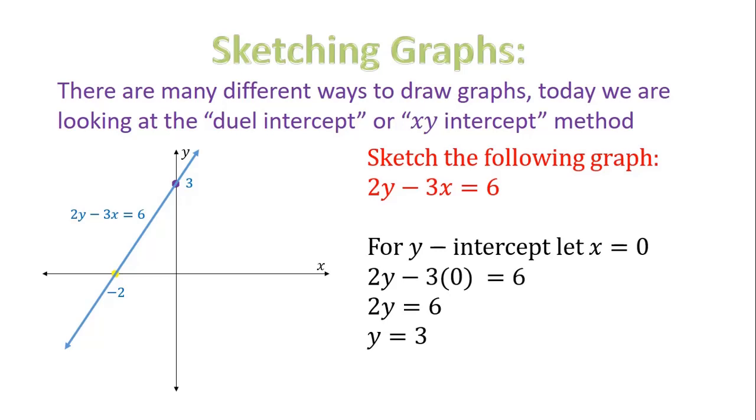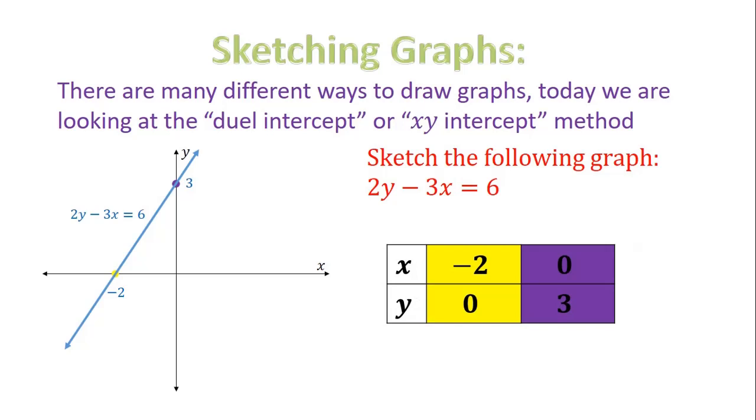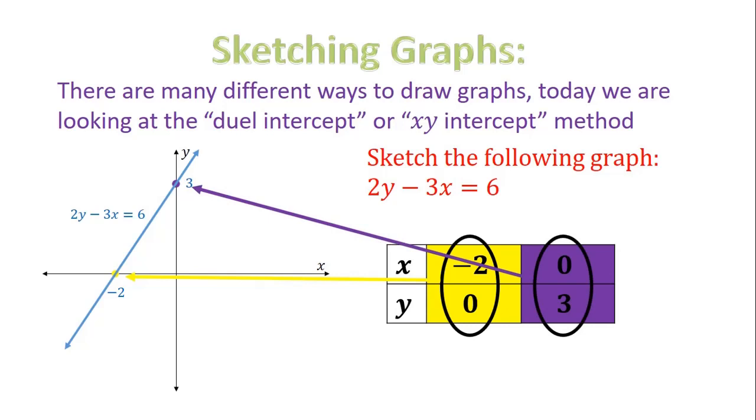If we were using a table, it would look like this, where y is 0, x is -2, and where x is 0, y is 3. And we've joined our dots, we've drawn our line, and then we've labeled our graph.